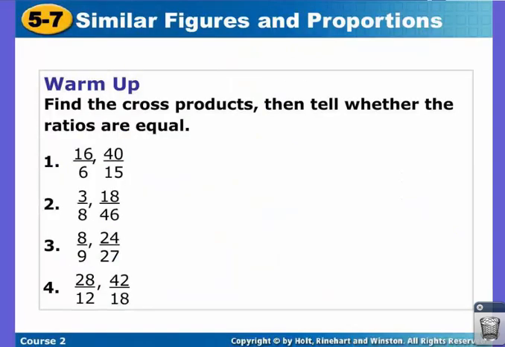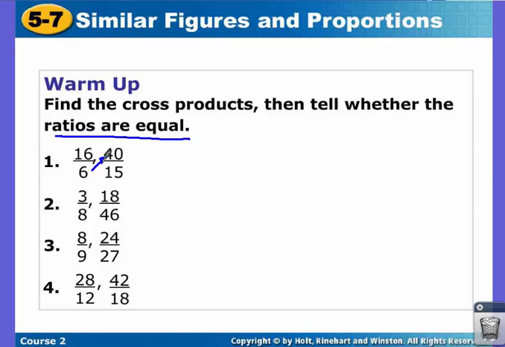Well, one of the first things that we have to do to figure out if two figures are similar is be able to determine if ratios are equal or not. So if we were to look at these first two ratios, 16/6 and 40/15, one way to figure out if those two ratios say the same thing, or are equal, is to cross multiply.